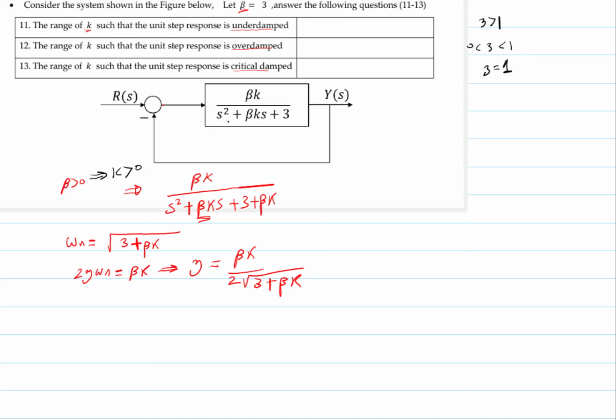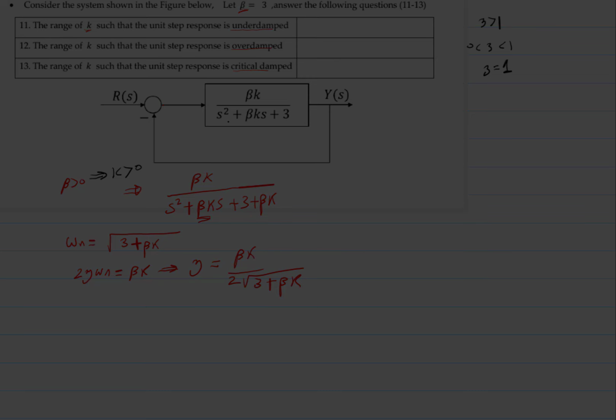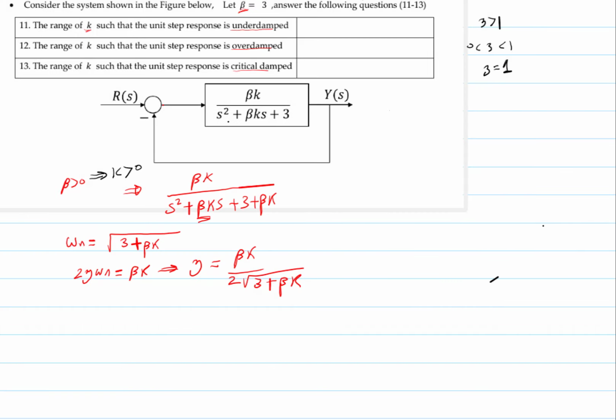So now let's solve for the first case, which is zeta greater than 1, which means that beta k over 2 square root of 3 plus beta k is greater than 1.